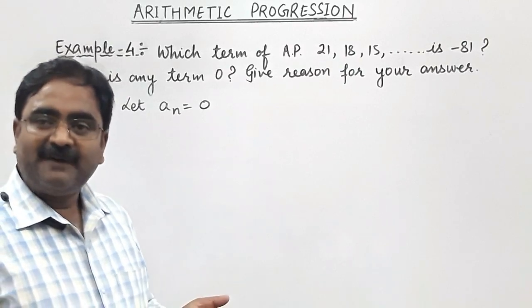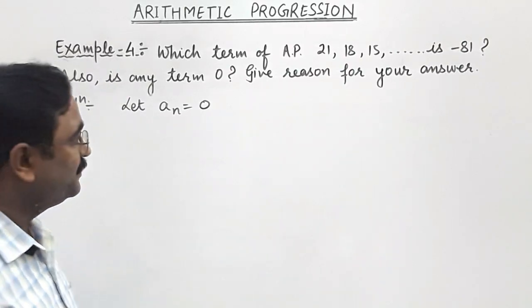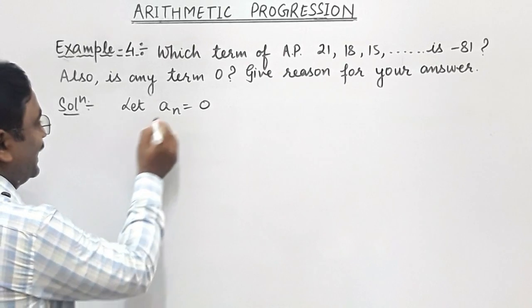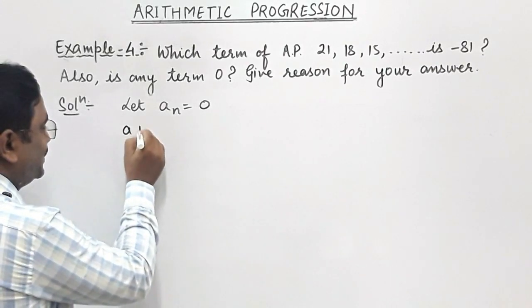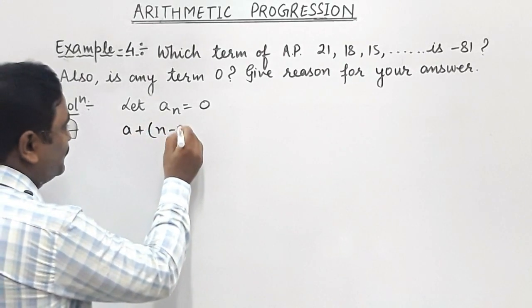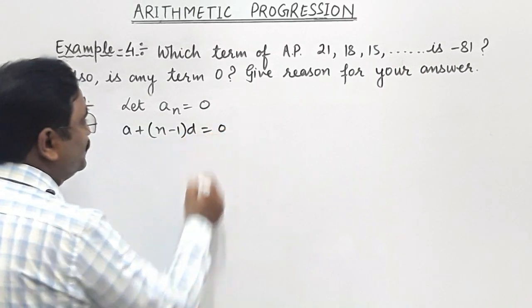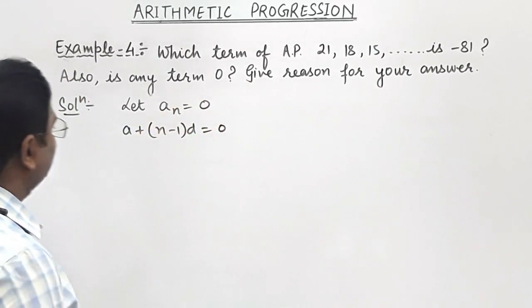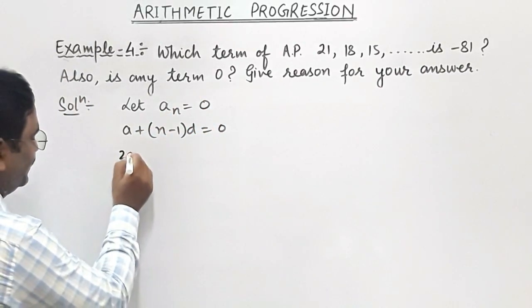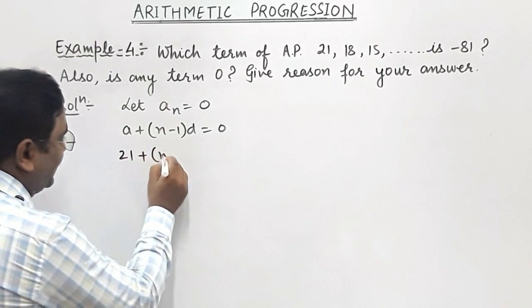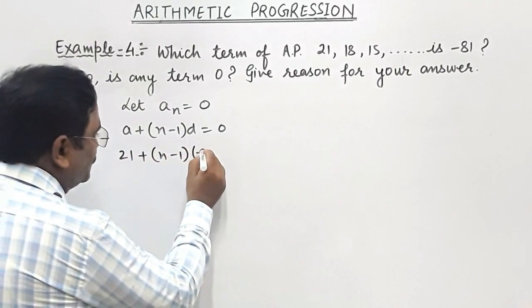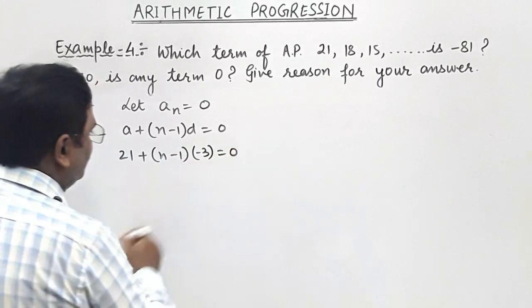After taking this nth term as 0, an can be written as a plus n minus 1 into d equals 0. Substitute the value of a and d in this. a is 21, plus n minus 1 into d, which was minus 3, equals 0.